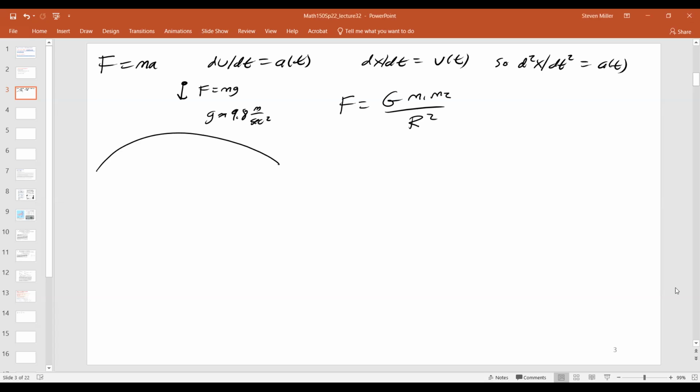If I move up 10 meters, the change in big R is negligible. This over here is essentially what the little g is. And if we are not really moving that far off the Earth's surface, it's essentially constant.